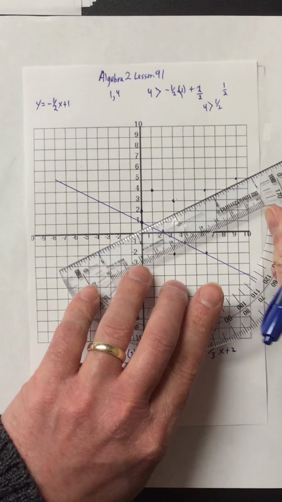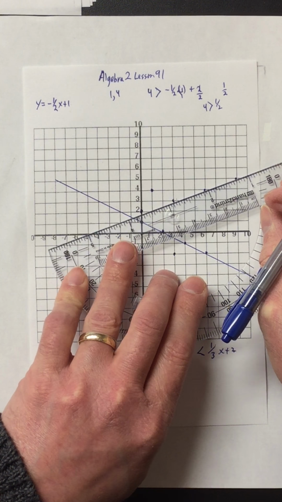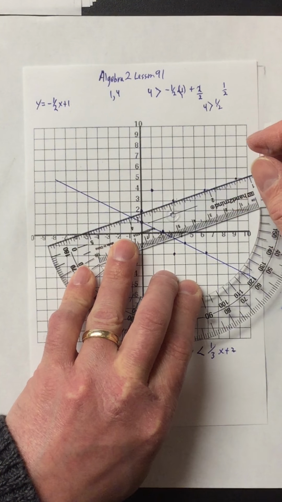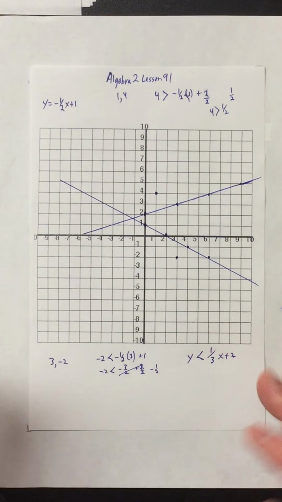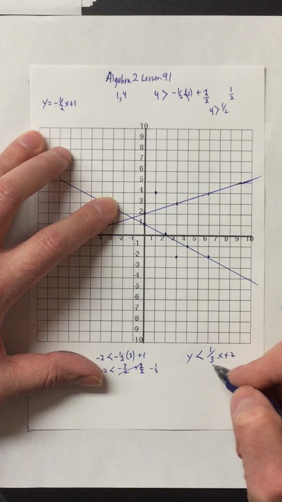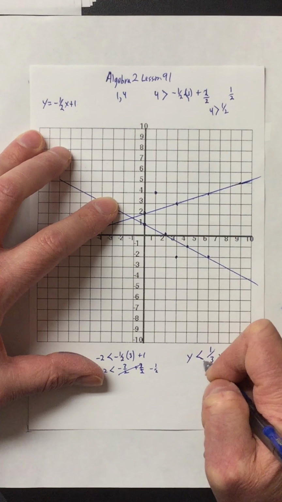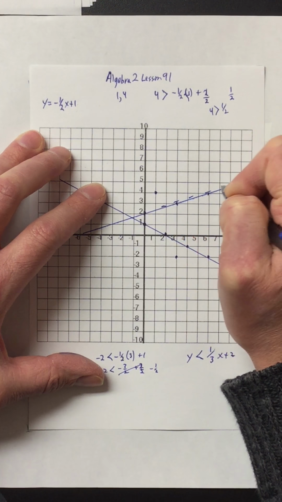And so there we go, wrong line. All right, so there's my graphed line, and actually I did it incorrectly. It doesn't have an equal sign here, so I should have done that in dashes.